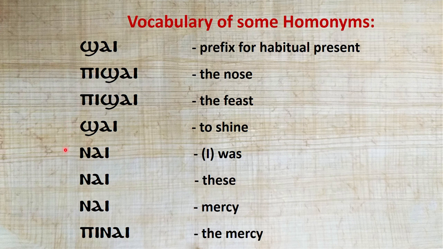Now another group. Nai is I in the past continuous, I was. And nai could be used in the sense of these. And nai alone means mercy. Pinai, the mercy, unai, a mercy. Good, fine.